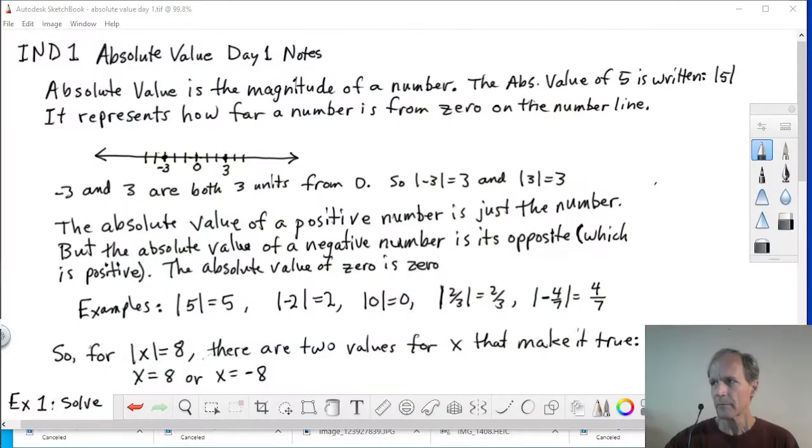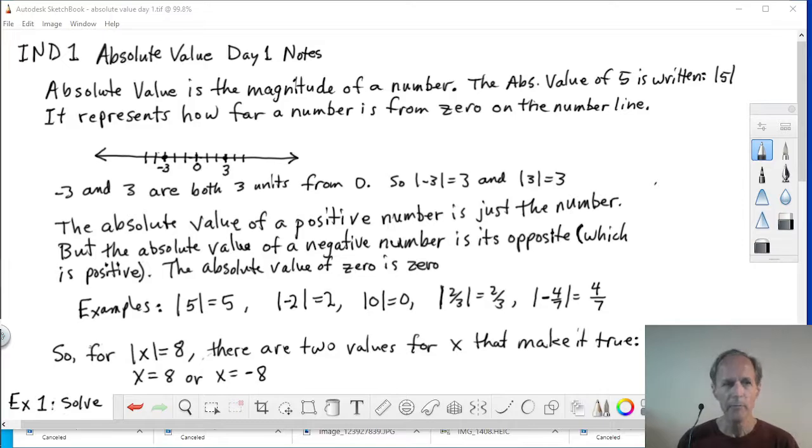We may just care about the distance, and in that case what we're talking about is the magnitude, and we call that absolute value. So let's look at absolute values, and specifically we're going to be solving equations that have absolute value expressions in them.